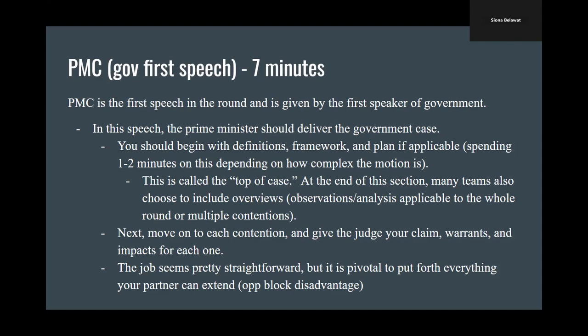So in that case, you make those one contention, maybe with different subpoints or two different claims, but make sure that you are not just dumping a lot of contentions without clear claims and warrants. They're just like contention one, blah blah blah, and then you simply say contention two, etc. Your contentions need to have a claim, a warrant, and an impact.